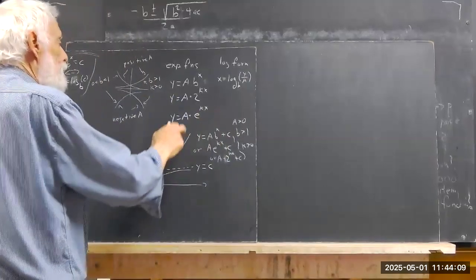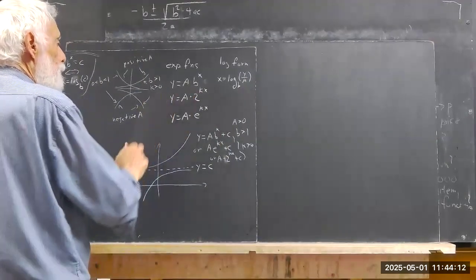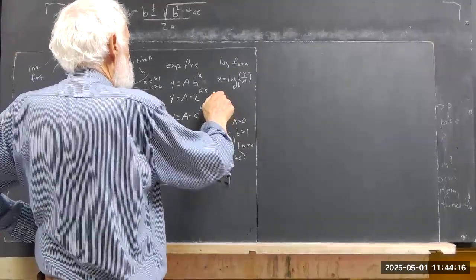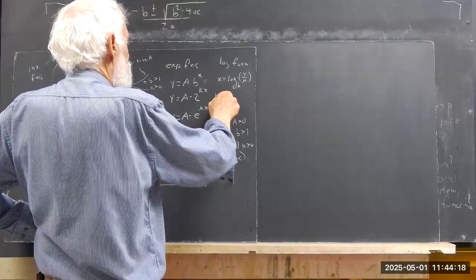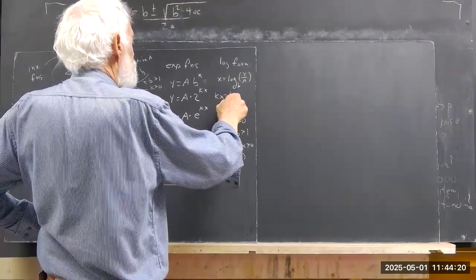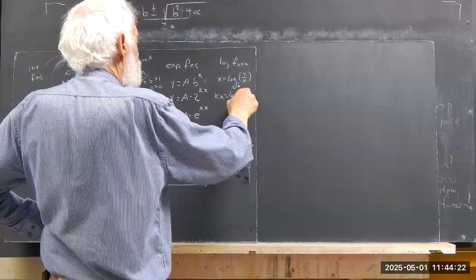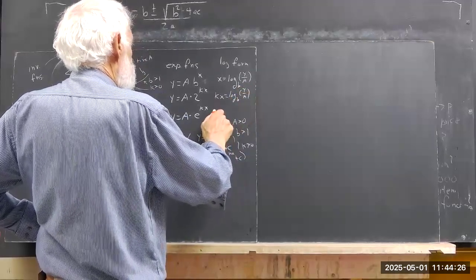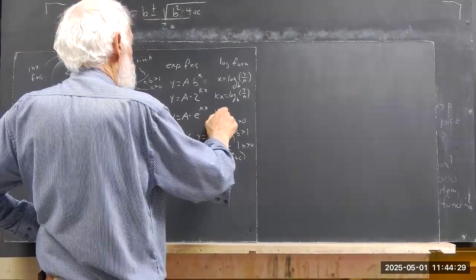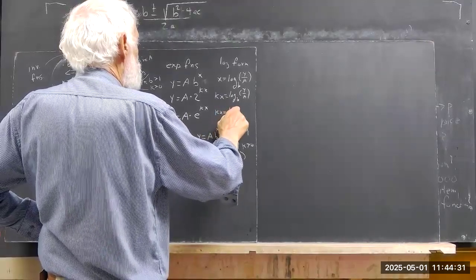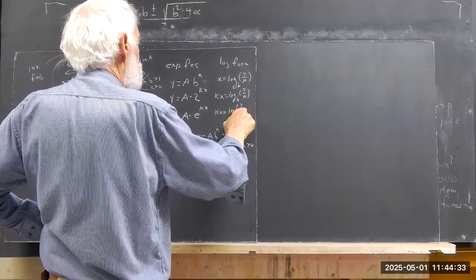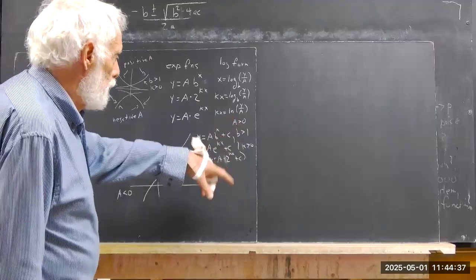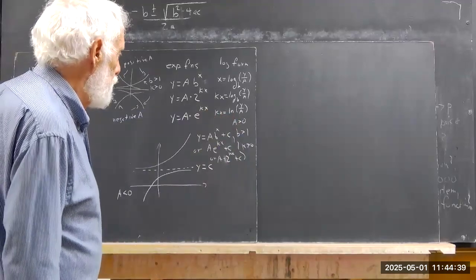In this case, 2 to the kx would be y over a. So you would get kx equals log base 2 of y over a. And here you would get kx equals the natural log of y over a, because it would be log base e of y over a, but log base e is the natural log.